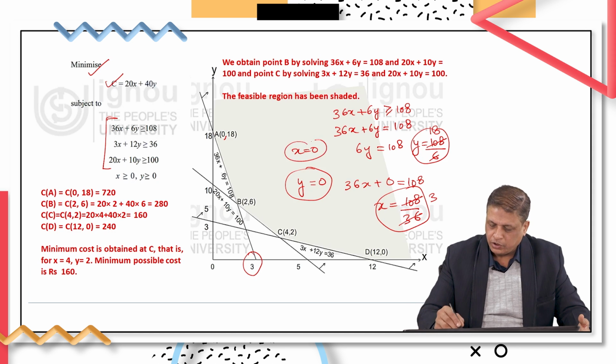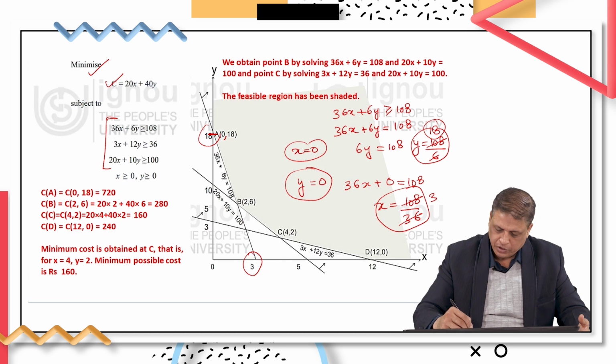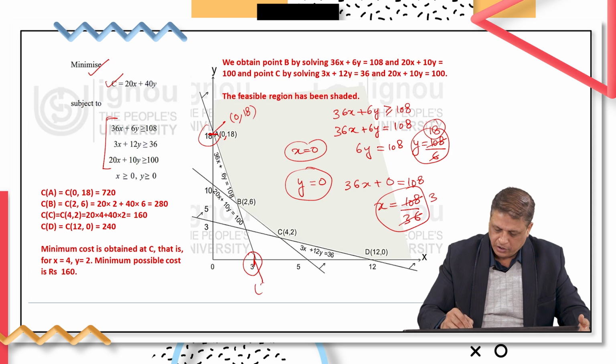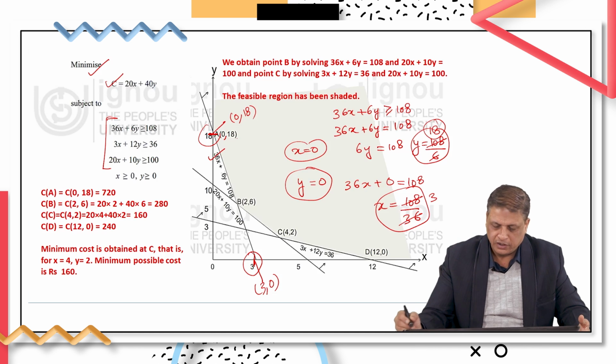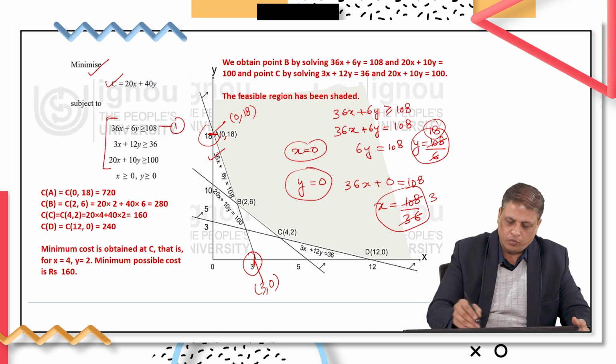When x is equal to 0, y is equal to 18, which is this point. So these are the intercepts along the x axis and y axis, and this point A will be 0, 18, and this point is 3, 0. This is for the equation of line 36x plus 6y equal to 108, that is equation number 1.